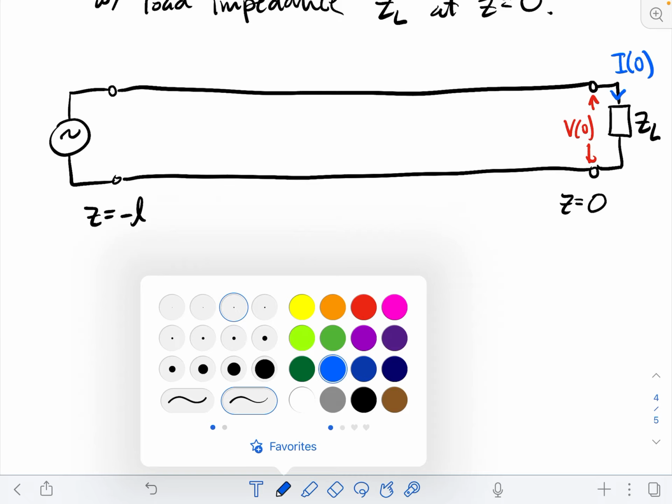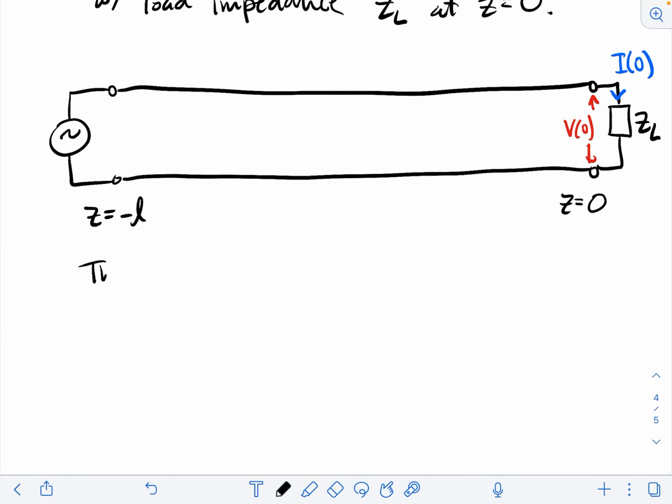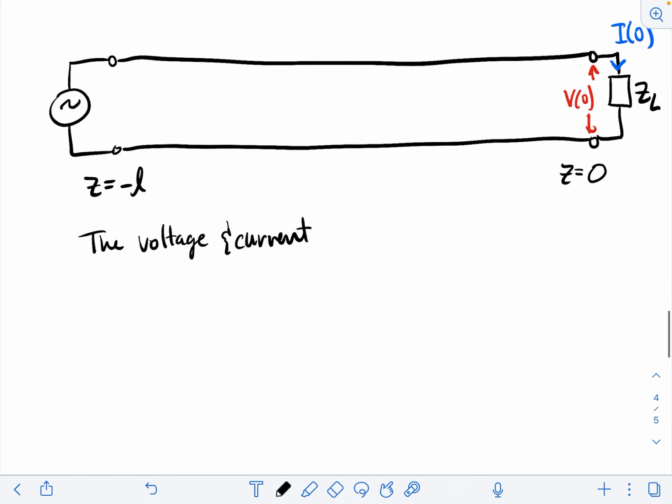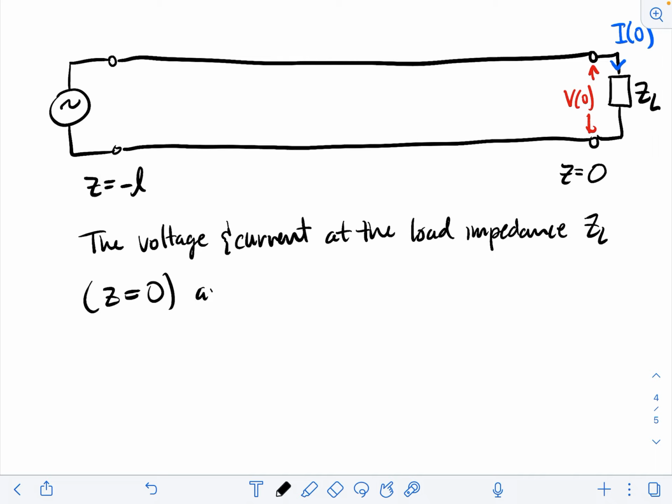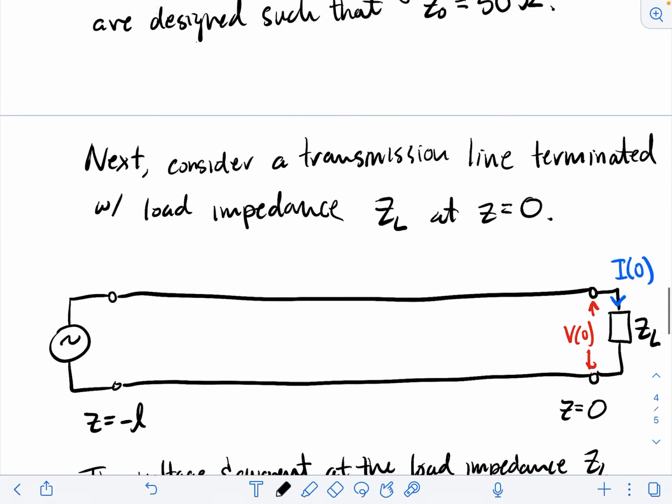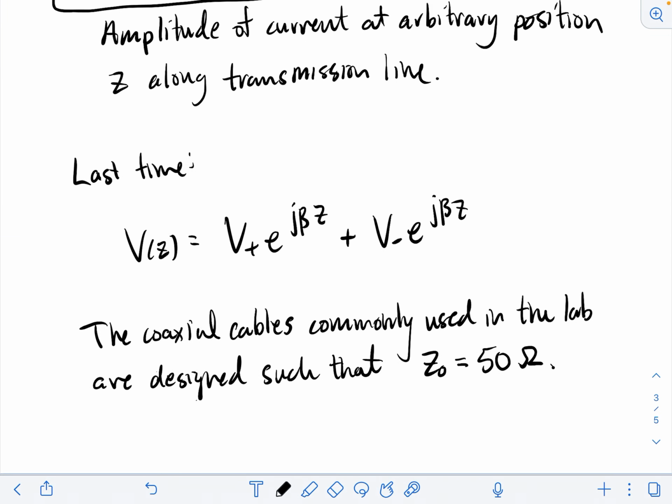In other words, the voltage and current at the load impedance ZL, which corresponds to the position Z equals 0, are given by, well, here's the voltage. All we have to do is set Z equals 0.